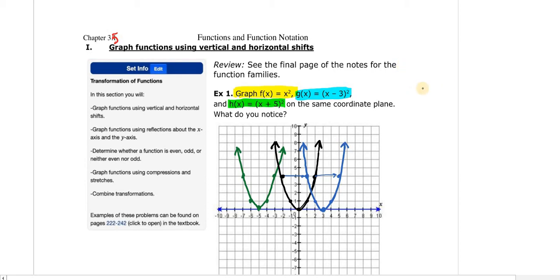So in short, we can say when we subtract from x, the function moves to the right.